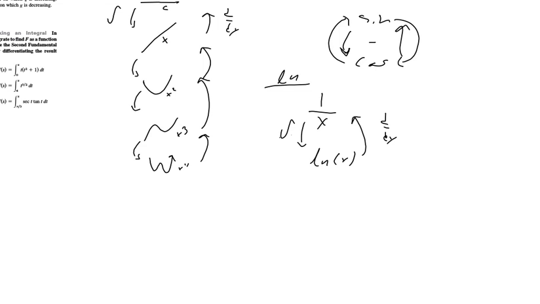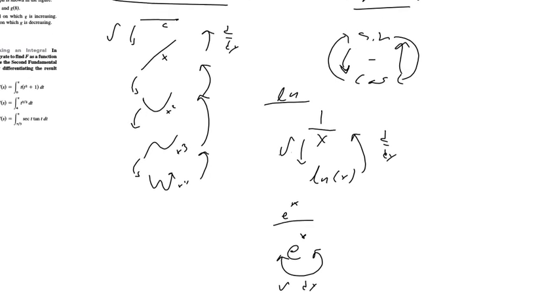The pattern for e to the x is that it becomes e to the x again. It's the only thing in all of nature that is its own derivative and its own integral. So that's the kind of stuff we need to be aware of when we're looking at these graphs and thinking about how all this connects together.